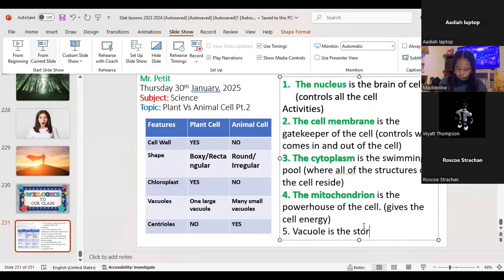The storage facility, or we can say the warehouse. So it's a storage place.